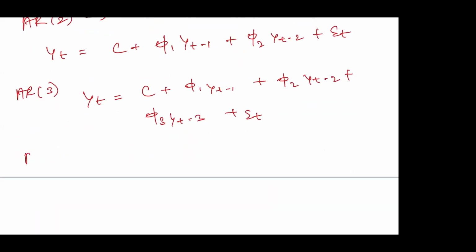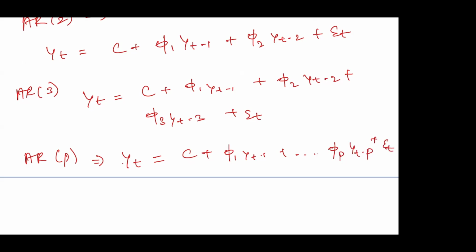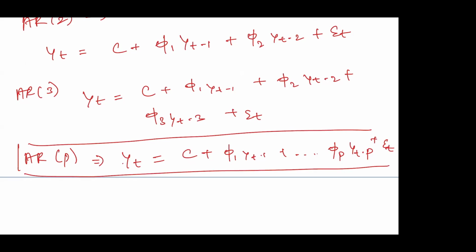So now let's generalize it. ARP, okay? We can write this as yt is equal to C plus phi 1 yt minus 1, till this will go up till phi p yt minus p plus epsilon t. This is the generalized equation for an autoregressive model.